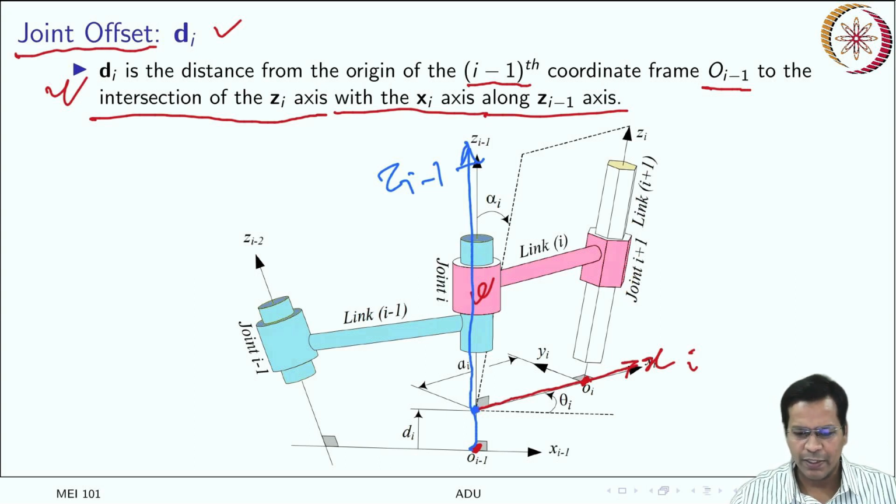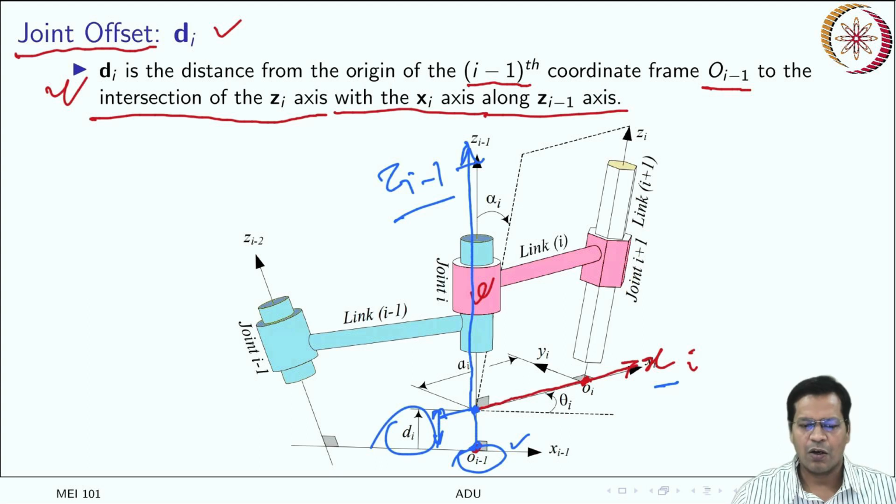This was the frame of the previous link that was ending here. So from this frame to the point of intersection of xi and zi minus 1, this is the offset.